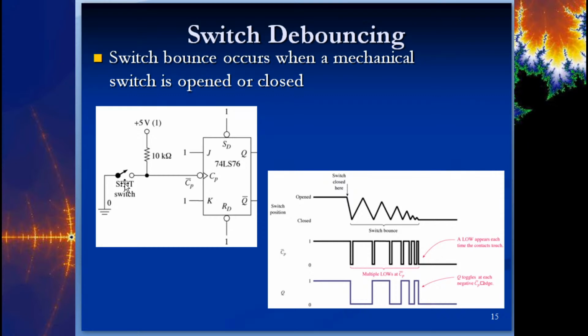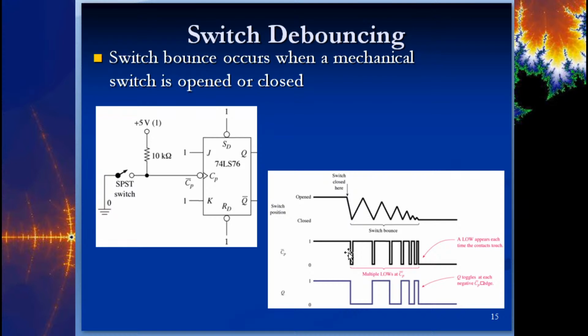That's as far as our analysis goes. But if you look into the transient period right after the switch is thrown, you'll find that the switch actually bounces because of the mechanical energy pushing it forward. It will oscillate slightly until it burns out all the energy, and that's represented here.